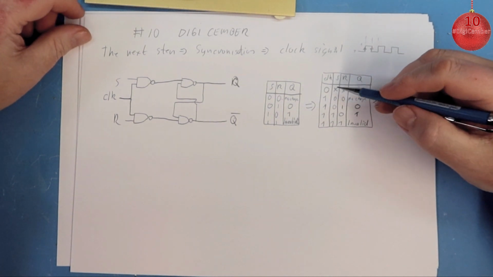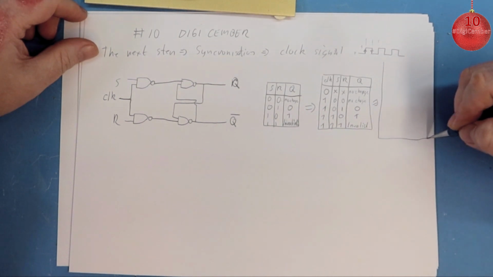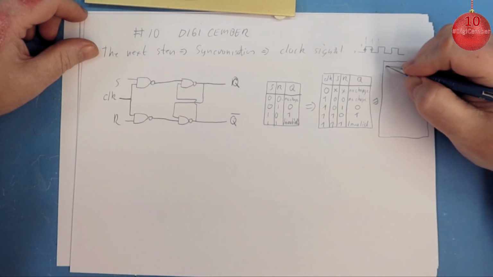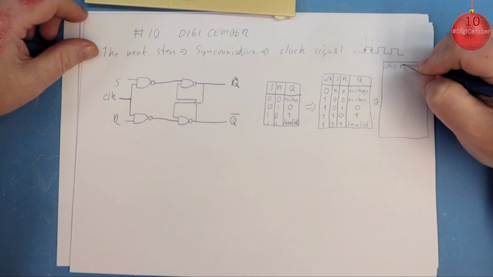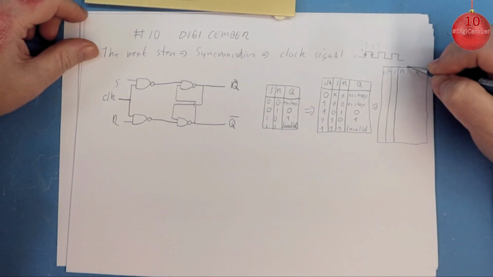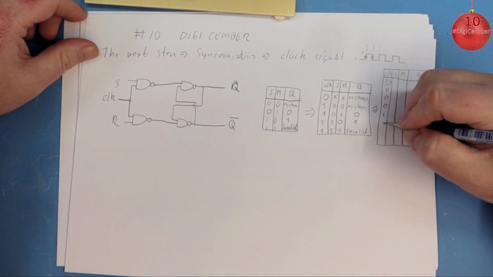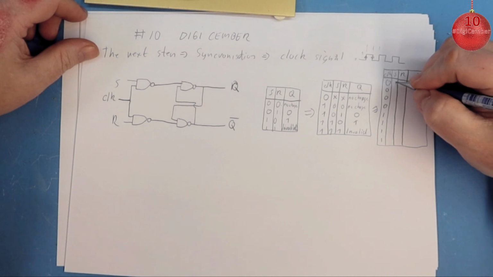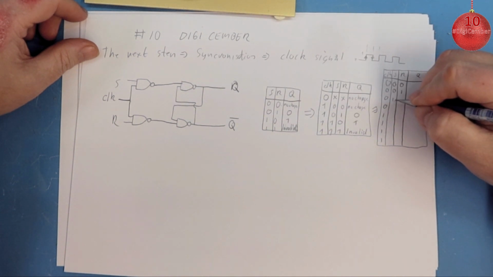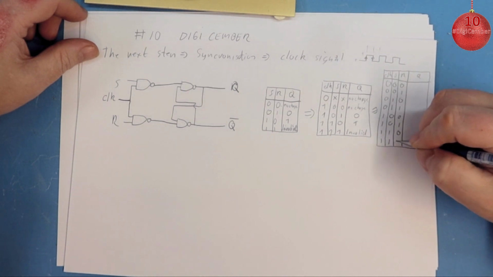Because we have simplified this with seeing 0 and XX here, but the real truth table will be this one. We have the clock, we have the S, we have the R, and we have the Q. I'm trying to draw this, so we will make space. The clock can have these 4, and we can have these 4 situations here.